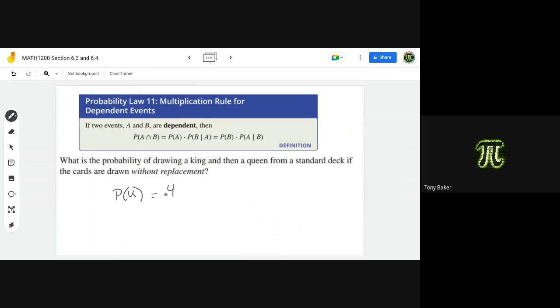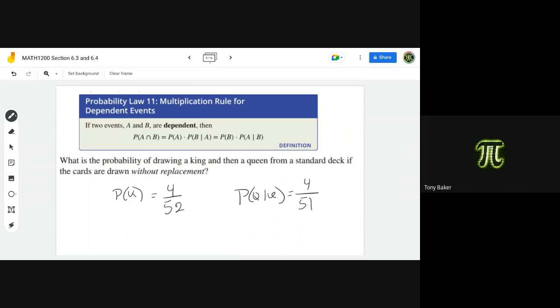It's 4 out of 52. What's the probability of drawing a queen, knowing I've already drawn the king? How many queens are left in the deck? 4. And how many cards are left in the deck? 51.